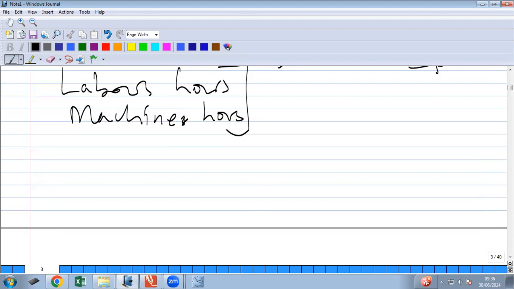You can write and say, absorption costing, of course I mean traditional, was developed at a time when organizations produced a narrow range of products, and overheads formed a small fraction of total costs.